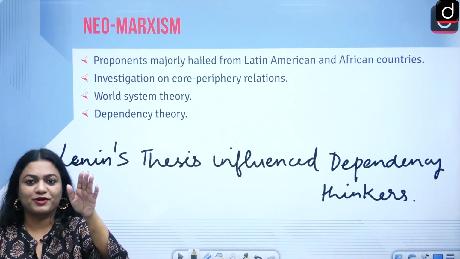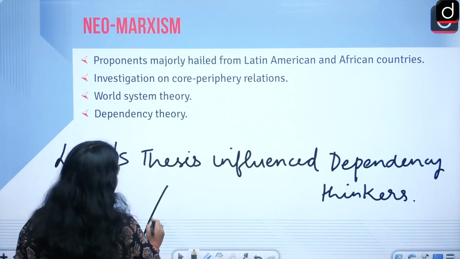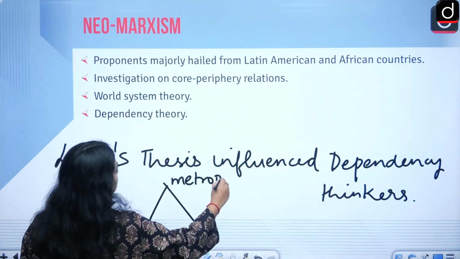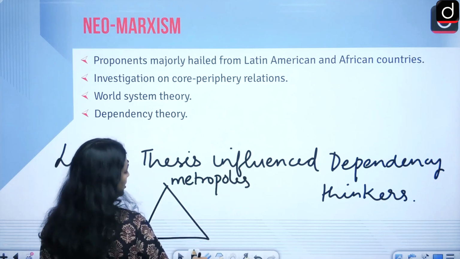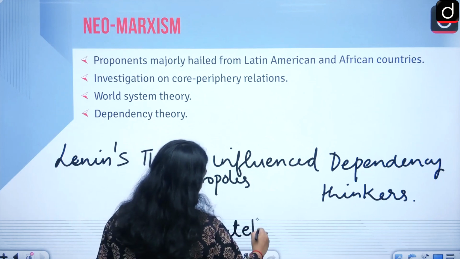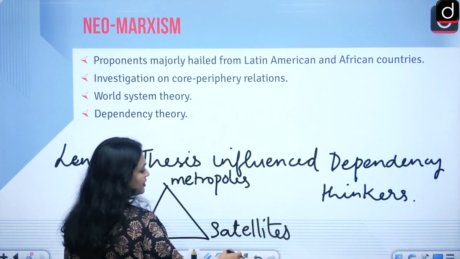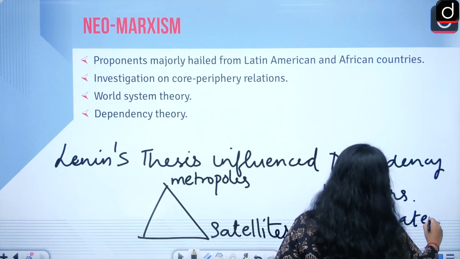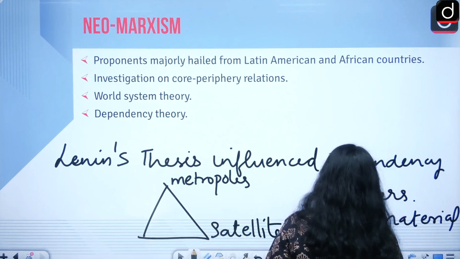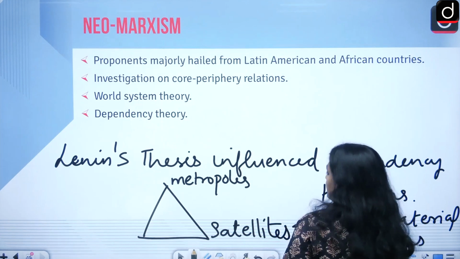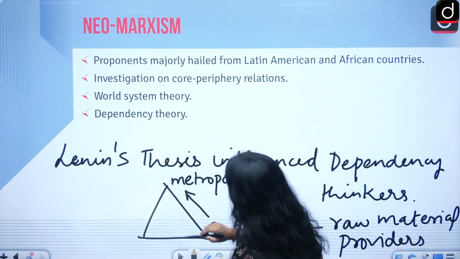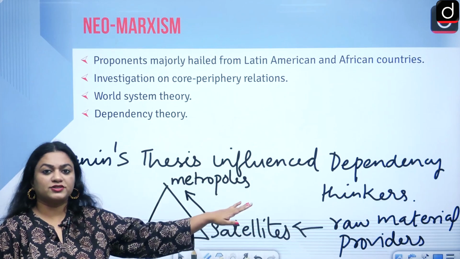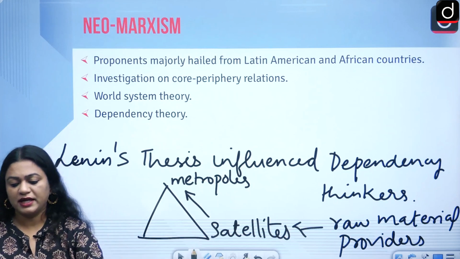Here you have the metropoles, and then you have the satellite states. They are the raw material providers, and the materials go to the core countries, or the metropoles. They are located in the developed West or the northern hemisphere.